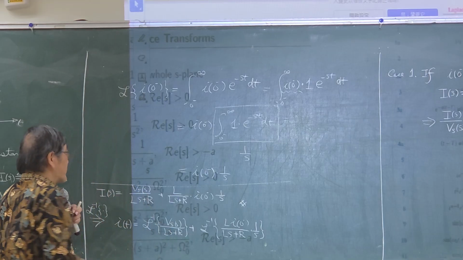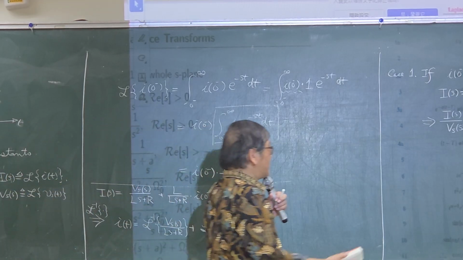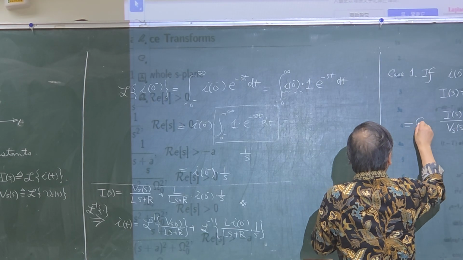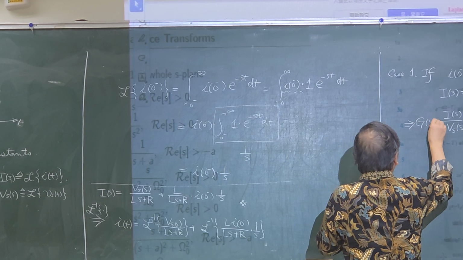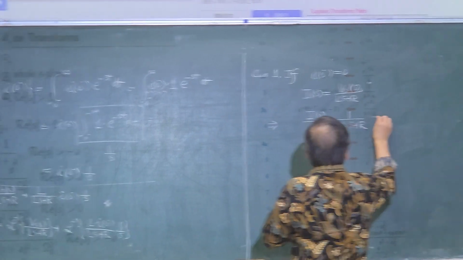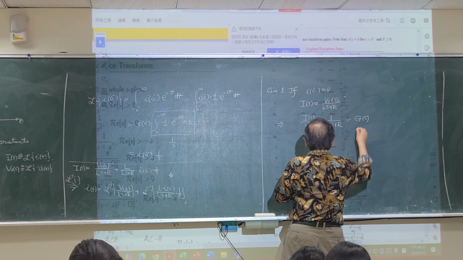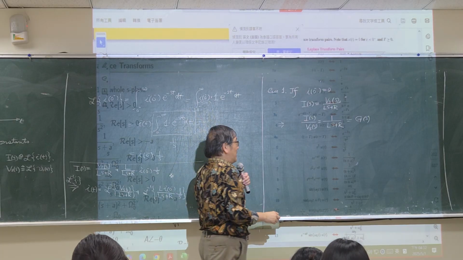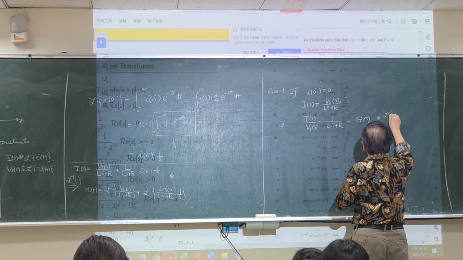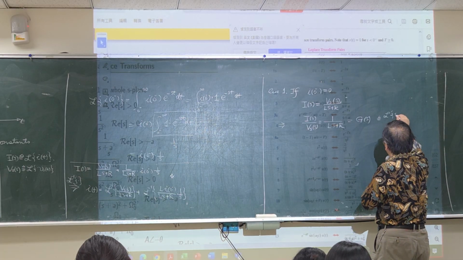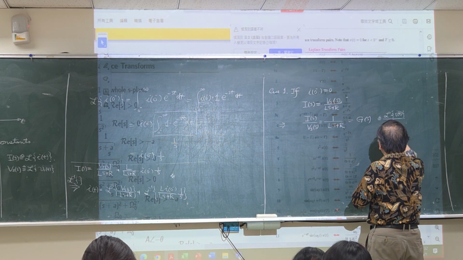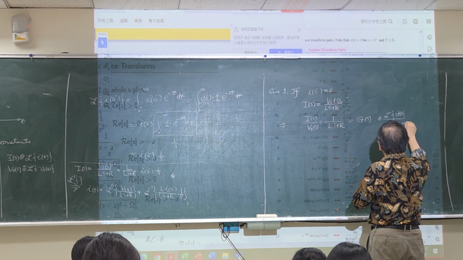Now, in the field of control, we have a particular name, specific name for this. We call this the transfer function. So this is the Laplace transform of output over the Laplace transform of input.